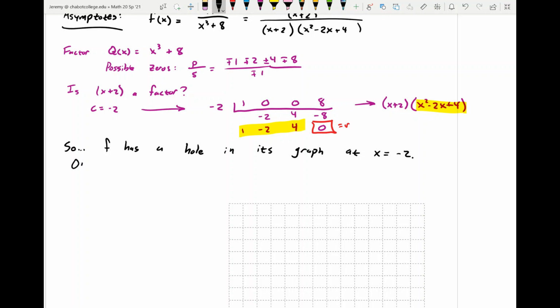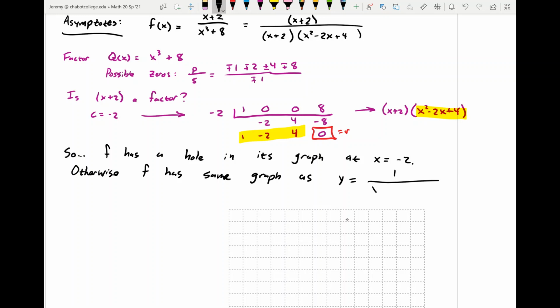But otherwise, f has the same graph as y equals, remember, basically just what the function is with that factor canceled out, y equals 1 over x squared minus 2x plus 4. Okay, so this is tricky, but it's something we have to watch out for.